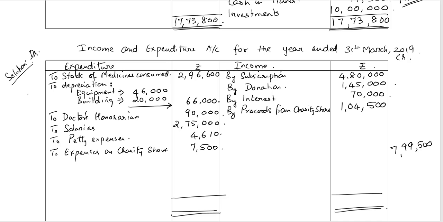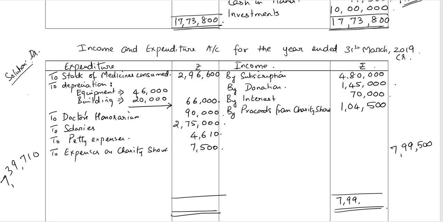The credit side totals to 7,99,500, and the debit side totals to 7,39,710.